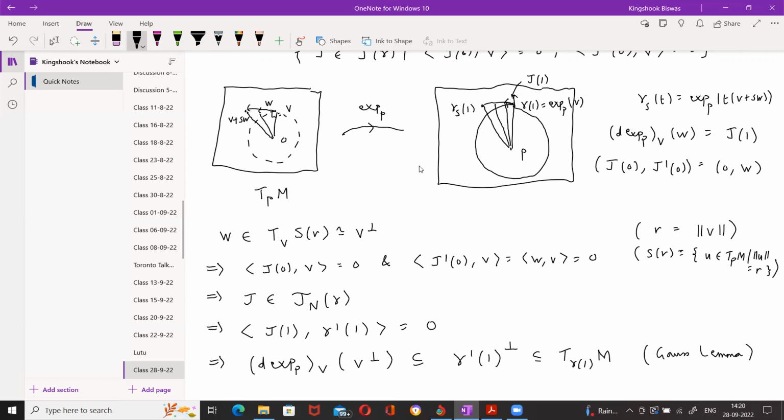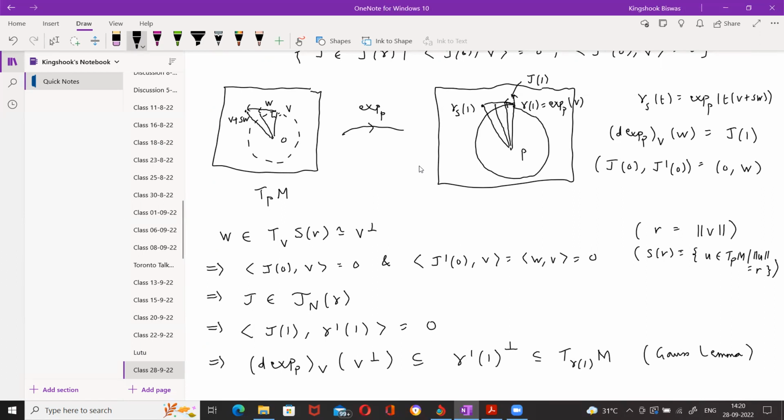The geodesic sphere, by definition, is the image of the sphere in the tangent space. Okay. So if the exponential maps the sphere in the tangent space to the geodesic sphere, then of course it's going to map the tangent space of the sphere to the tangent space of the geodesic sphere, right? Yes. But what the Gauss lemma tells us is that the tangent space to the geodesic sphere is actually gamma prime 1 perp. We can use the Gauss lemma to show that.